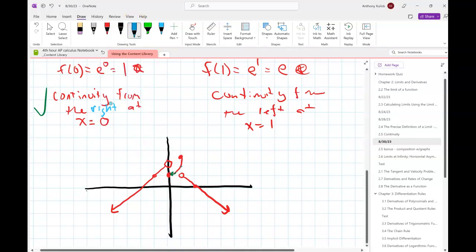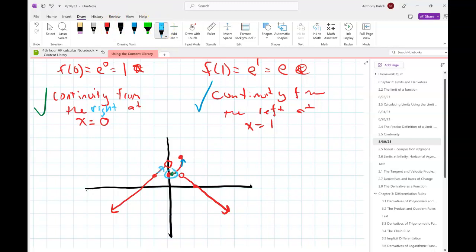And if we look at this one coming in from the left, that limit is going to match the point because of the filled-in circle there, that's our continuity from the left at x equals 1. We don't have continuity here because the limit doesn't equal what the function evaluates to. And same on the other end.